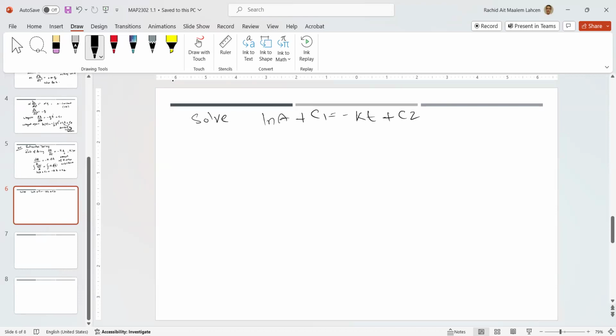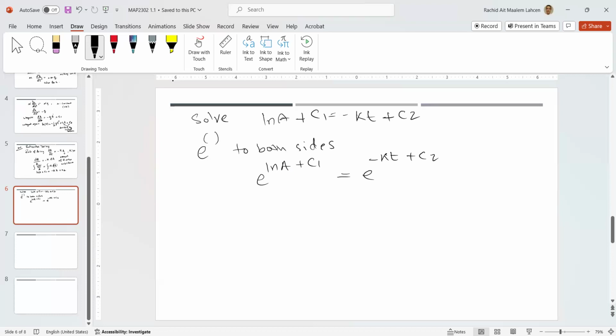All right, so we know if we take the natural log to both sides, that will lead to something, because if we take the exponential, or e, to both sides, that leads to something because you have natural log here. So let's do that. So e to the natural log of a plus c1 equals e to negative kt plus c2.